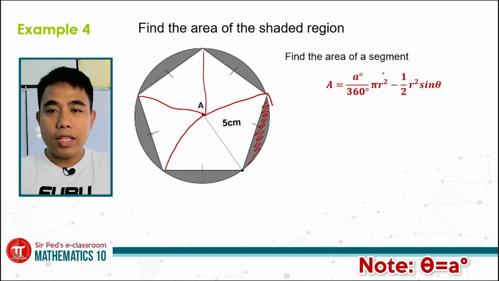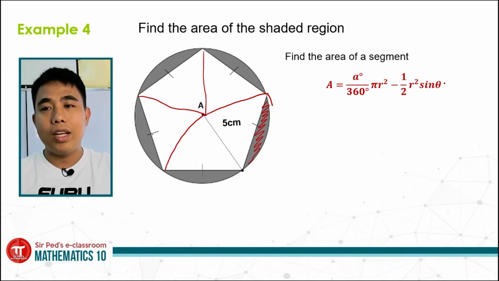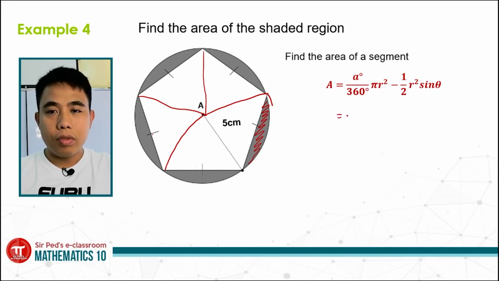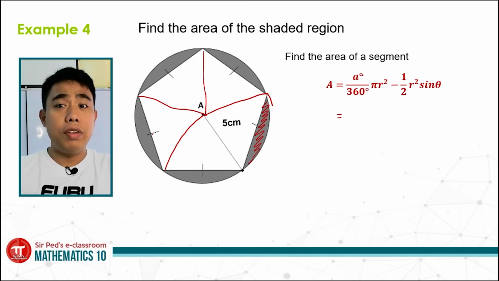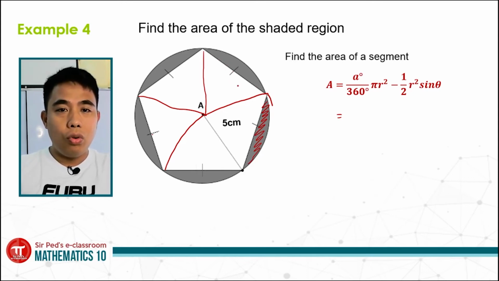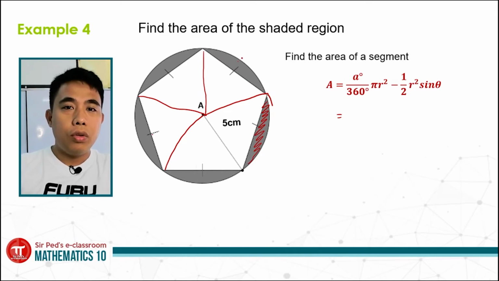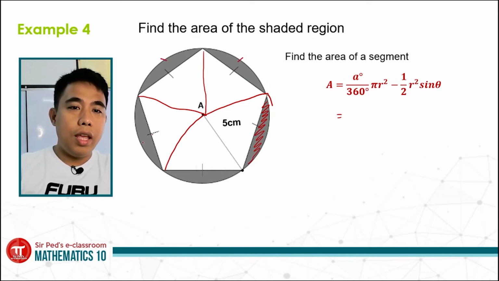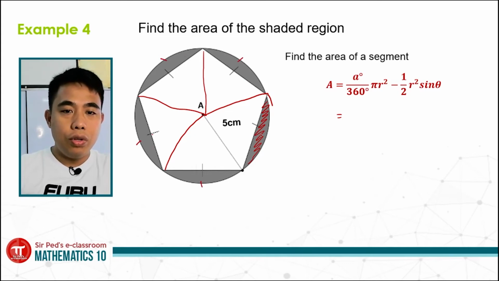So, if you notice, eto ngayon yung area ng sector natin and this is the area of the triangle na isusubtract natin. Sir, ano yung 8 degrees na ngayon? Remember na equal lahat itong chords na to, which means congruent din yung intercepted arcs nito.